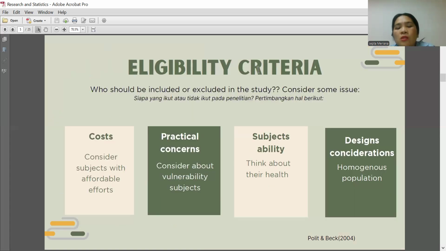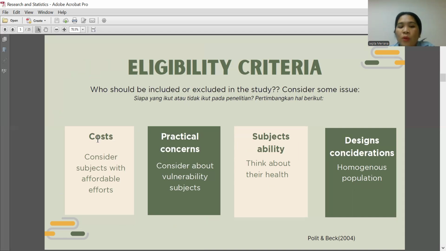We are also talking in populations about the eligibility criteria. So who can be included and who can be excluded in the study? So you must consider some issues, including the first one, cost. Do researchers need to spend more cost to take out the subject?